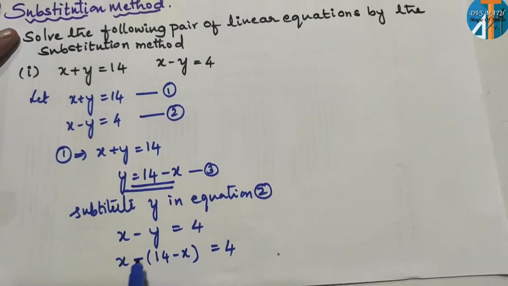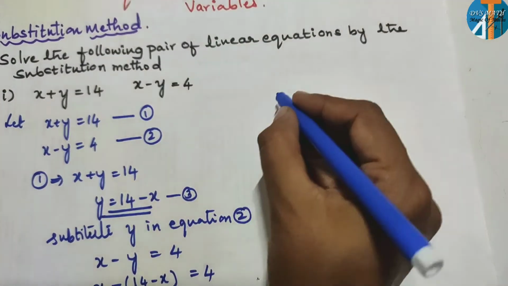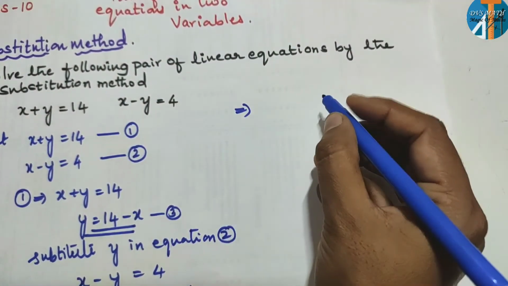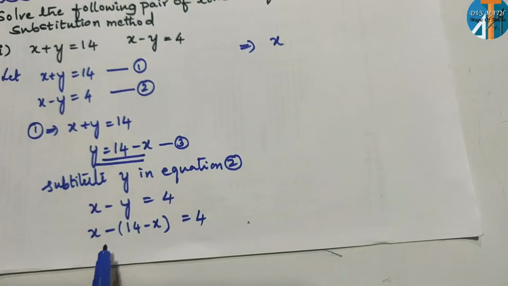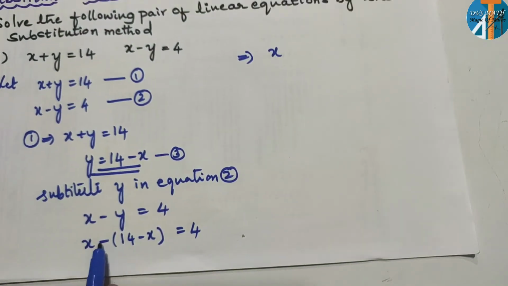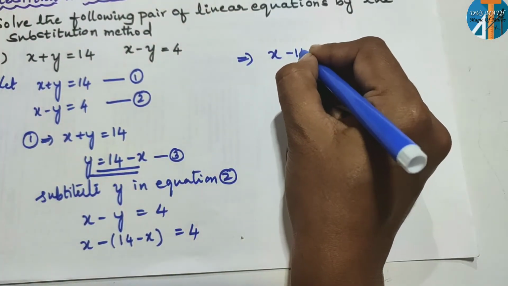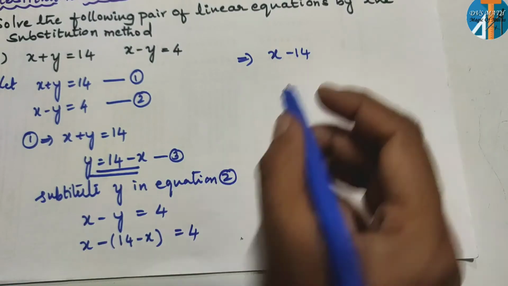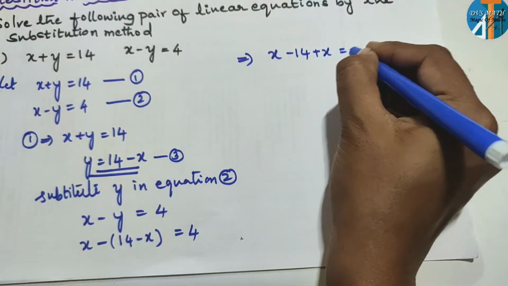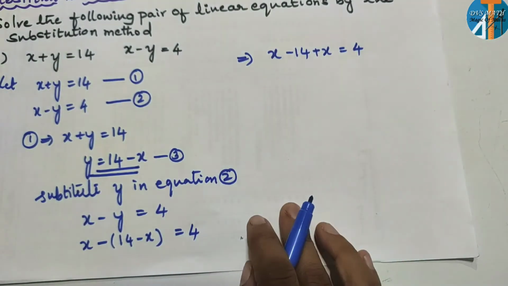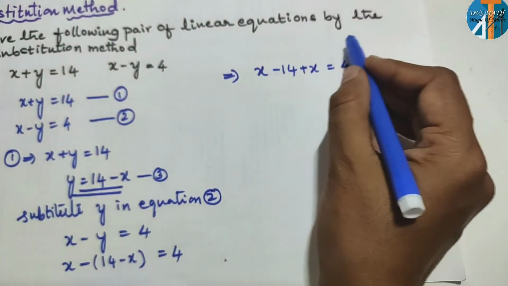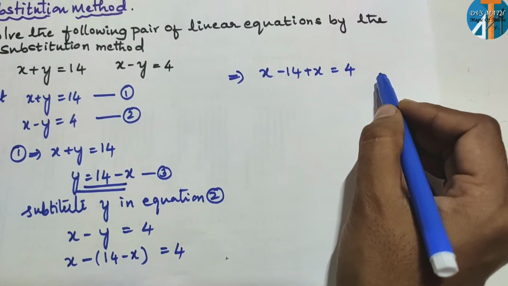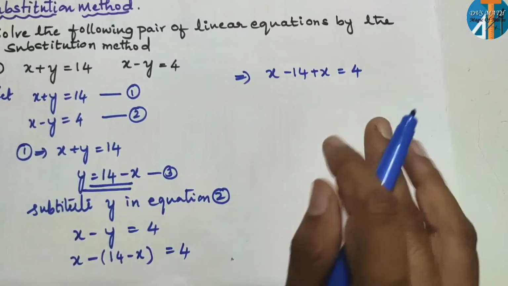Let us multiply by minus. If you multiply minus into 14, it is minus 14, minus into minus x becomes plus x, is equal to 4. Now let us send minus 14 to the RHS.